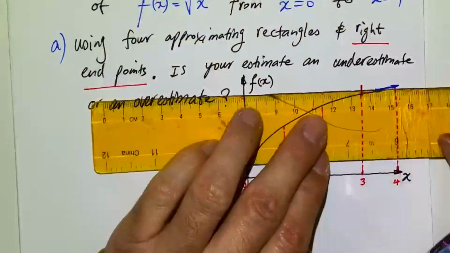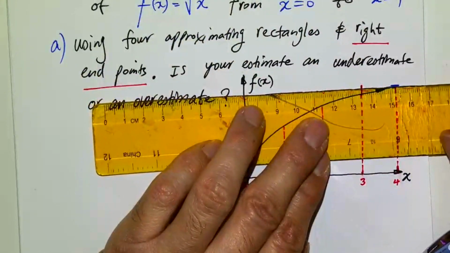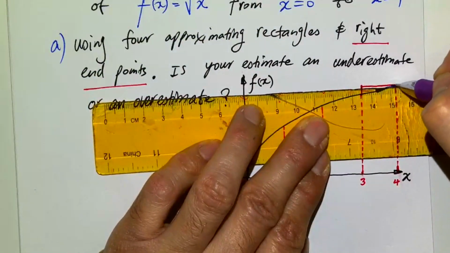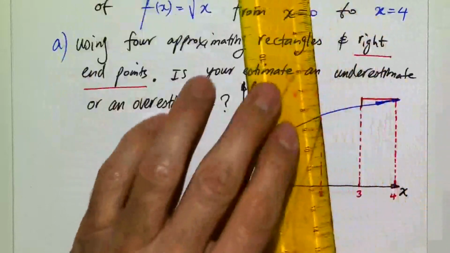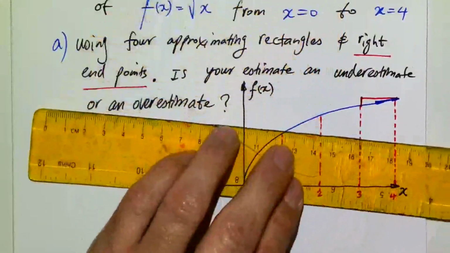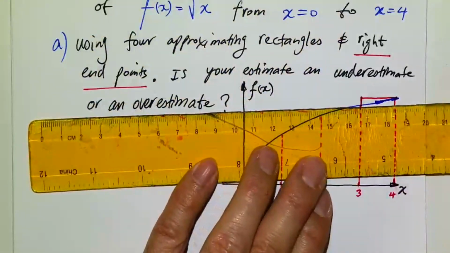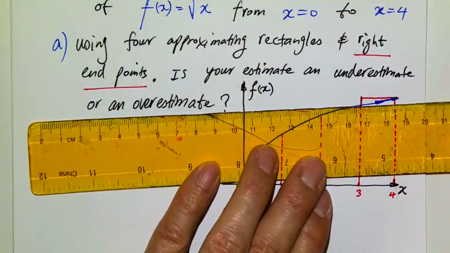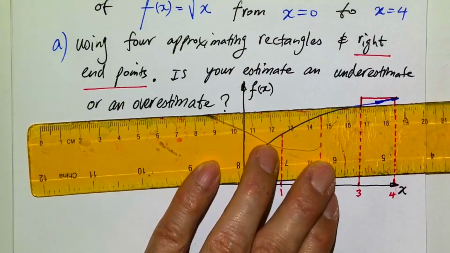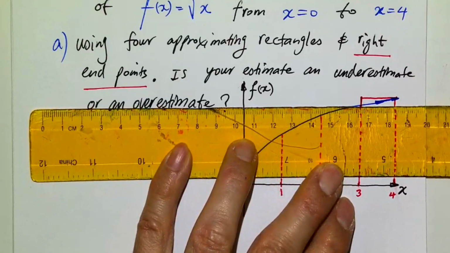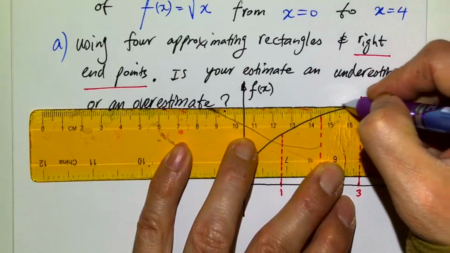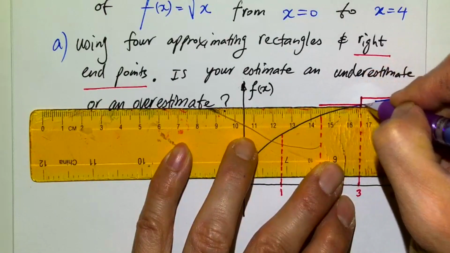So that and that. All right, that's that one. And then another one here, making sure that the right endpoint is on the curve, drawing it from here to here.